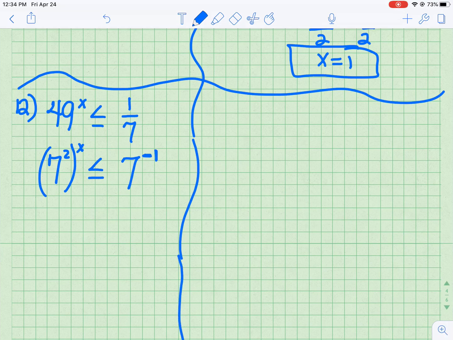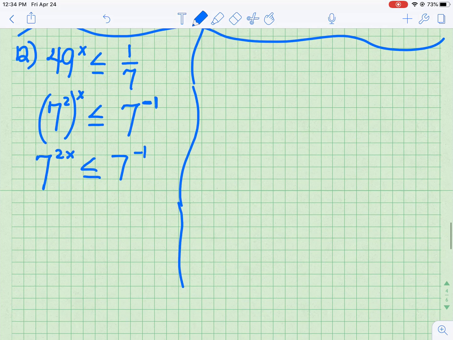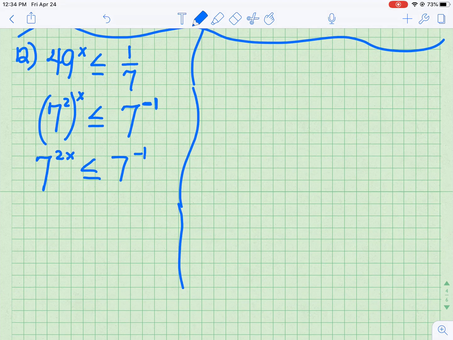Because it's an exponent to an exponent, you could skip the step that I did, but it's 7 to the 2x is less than or equal to 7 to the negative 1x. Because the bases are equal, we can make a relationship between the exponents, and in this case it's a less than relationship. So 2x is less than or equal to negative 1.